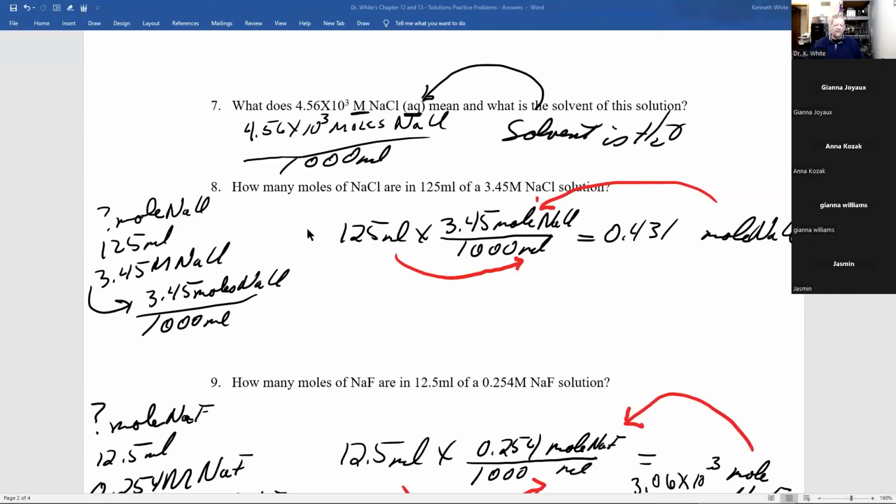Now, what are we being asked to find in number 8? How many moles of sodium chloride? What are we given? A volume, 125 milliliters. And we're given this 3.45 capital M NaCl solution. And what does that mean?